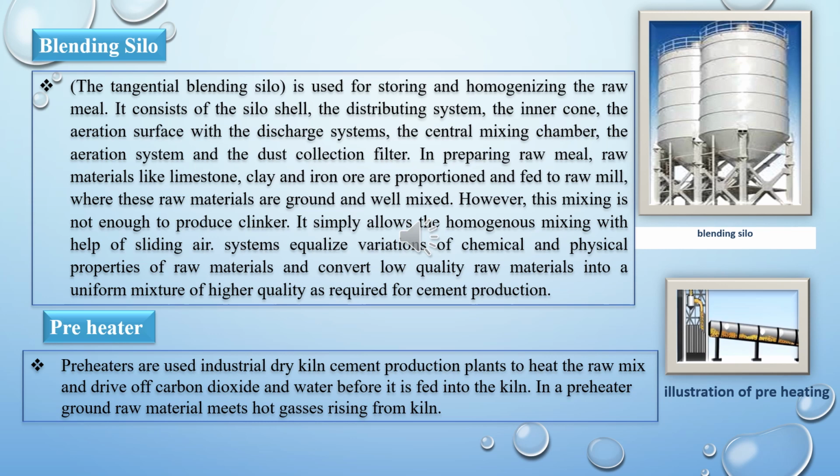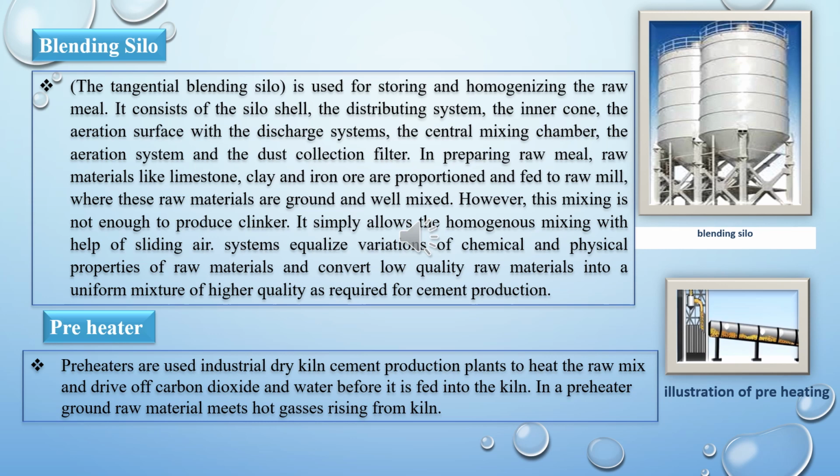It simply allows homogeneous mixing with the help of sliding air. The system equalizes variation of chemical and physical properties of raw materials and converts low quality raw material into a uniform mixture of higher quality as required for cement production.